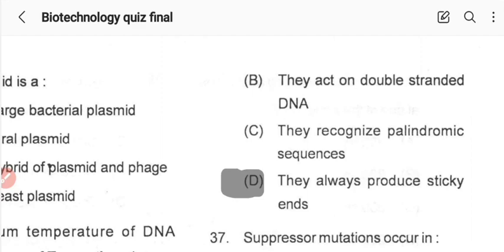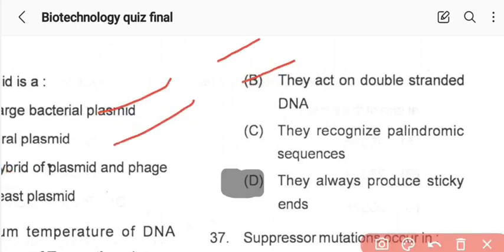They also produce what? Blunt ends of the DNA sequence. Okay, there are two kinds of ends. One is the blunt end, another one is the sticky end. This is the blunt end, and what is the sticky end then? This is the sticky end.